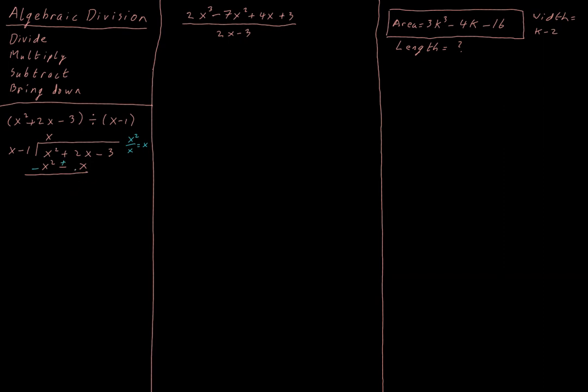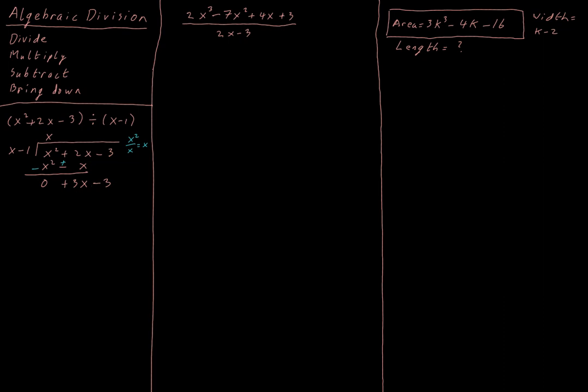So effectively the signs of these terms down here change. So x squared minus x squared is just 0, and 2x plus x would be plus 3x. Final step then is to bring down the next term in our main line.